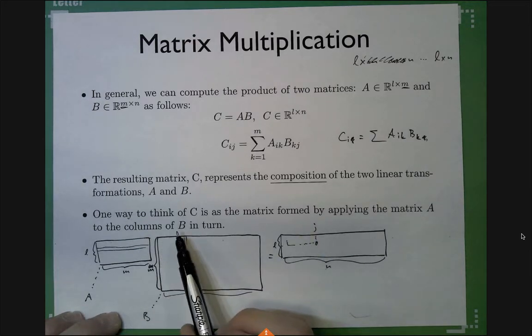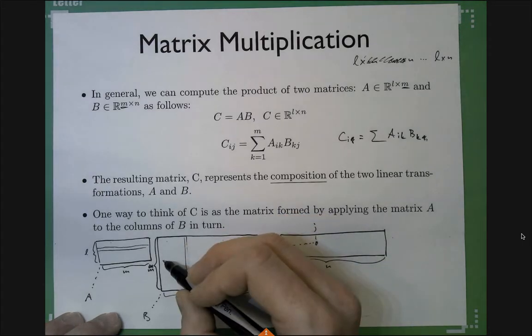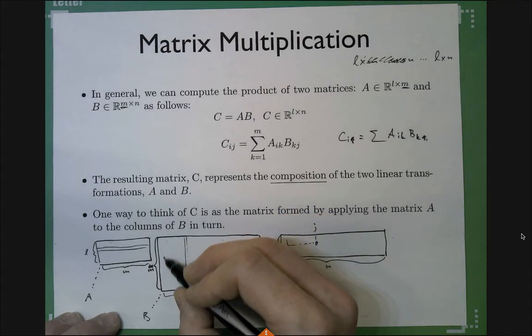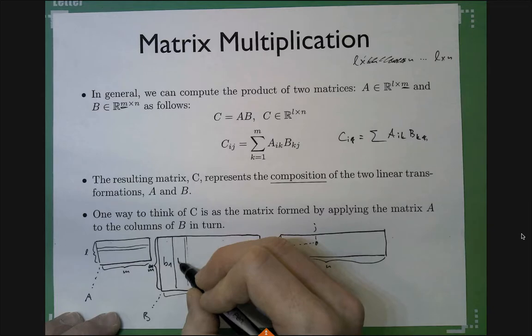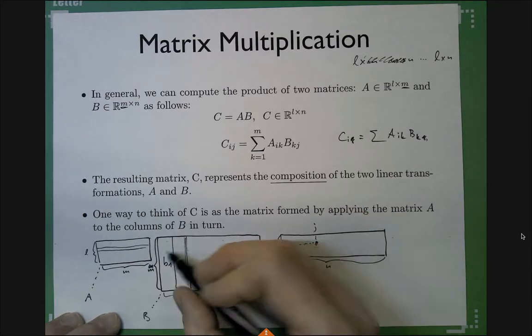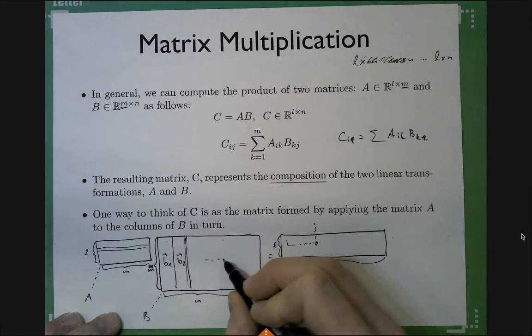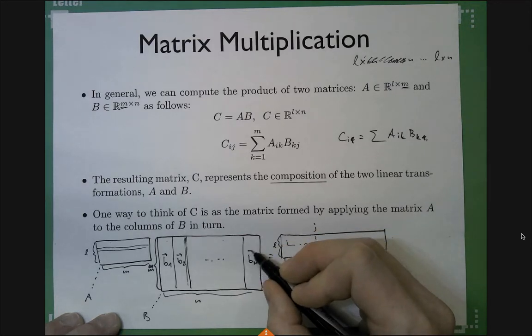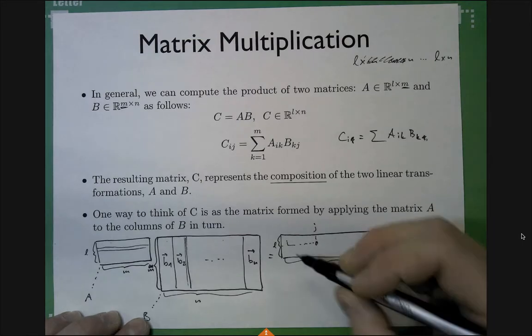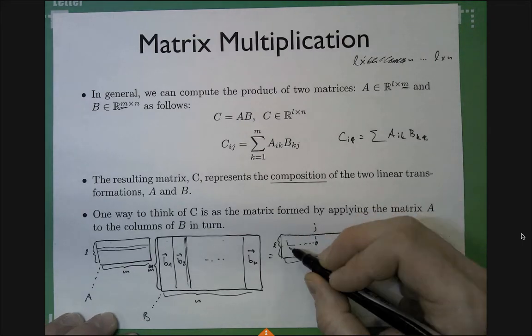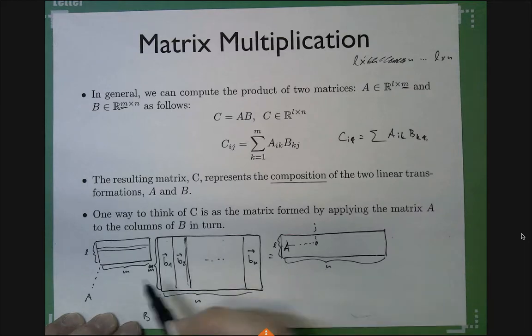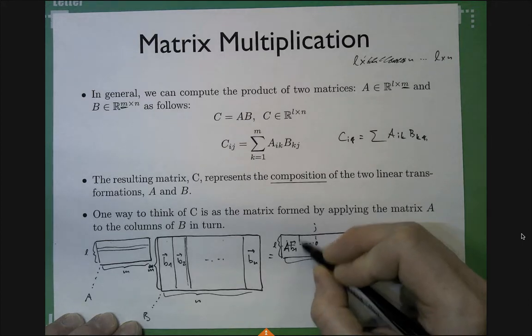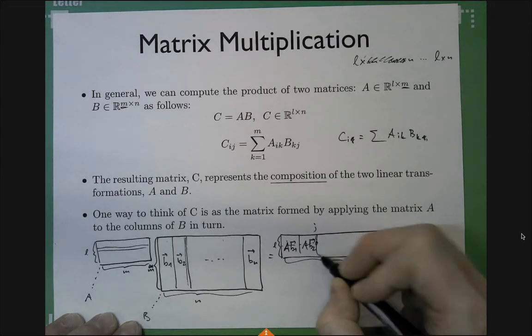One way to think about matrix multiplication is to look at the individual columns of B. Let me denote them as B1, B2, and so on up to BN. The matrix product boils down to N matrix vector products: AB1, AB2, and so on, ABN.